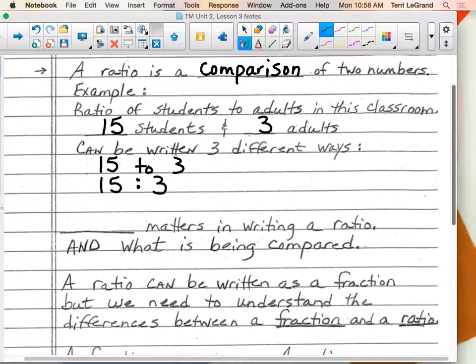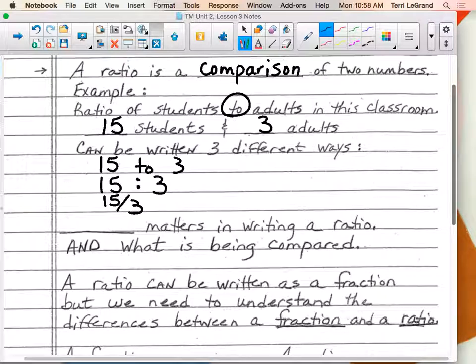That stands in for the word "to." So notice in the wording up here, it had the word "to," students to adults. And then the last way we can write it is as a fraction, or it looks like a fraction anyway. It doesn't necessarily mean it is a fraction, but we can use the fraction bar to show the word "to."